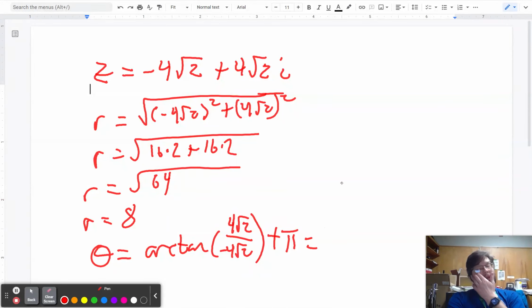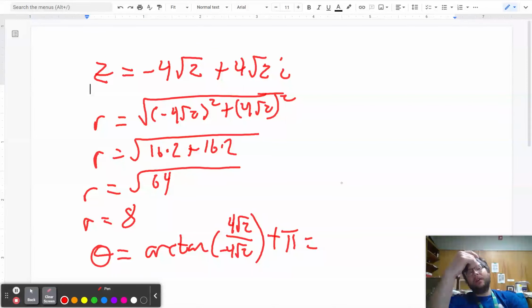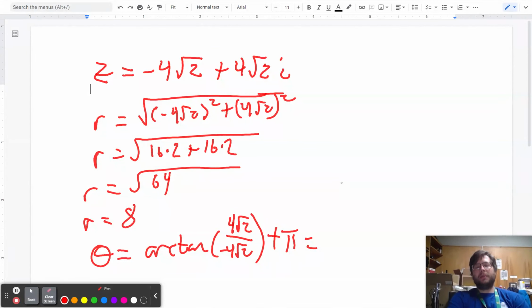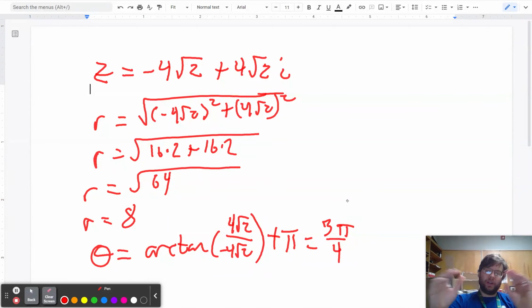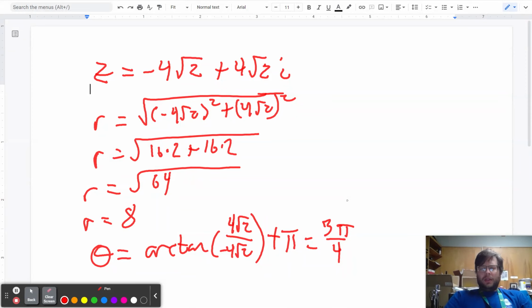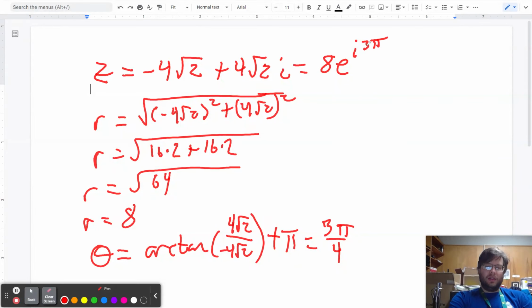Instead of it being down in quadrant 4, where it's negative pi over 4, I'm going to add pi and I'll get positive 3 pi over 4, because that's in the correct quadrant. Anytime the real value is negative, you need to add pi to whatever your arctan tells you. So step 1 was rewriting our complex number as 8e to the i 3 pi over 4.